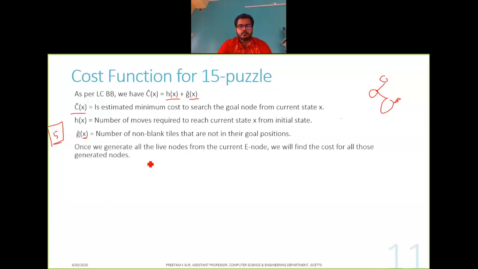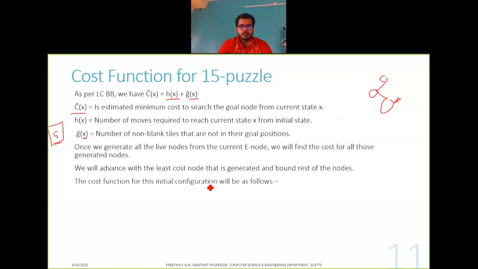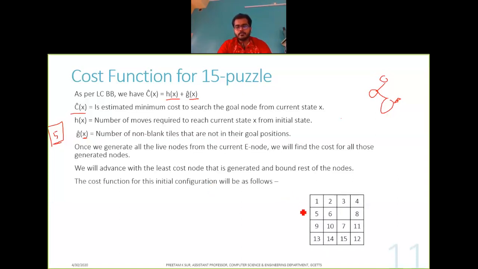So with this cost function, we'll generate all the live nodes from the current expanding node, and we'll find out the cost of all of these generated nodes. Then we'll advance with the least cost node that is generated and bound the rest of the nodes. Suppose this is an initial configuration given to you.